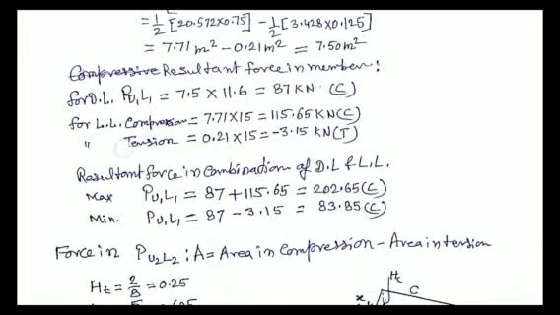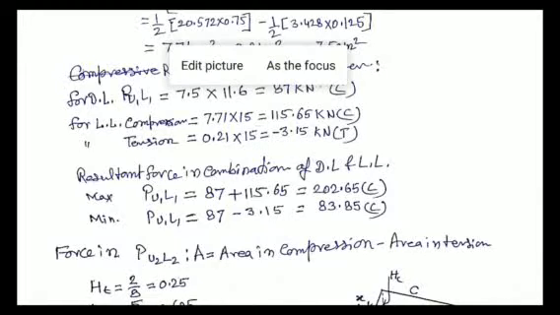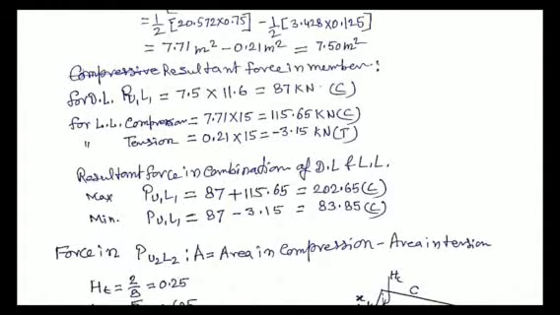Now the load due to live load in member P U1 L1. First of all, the compressive force will be 7.71 into 15, which comes out to be 115.65 kilonewton, which is compressive in nature.